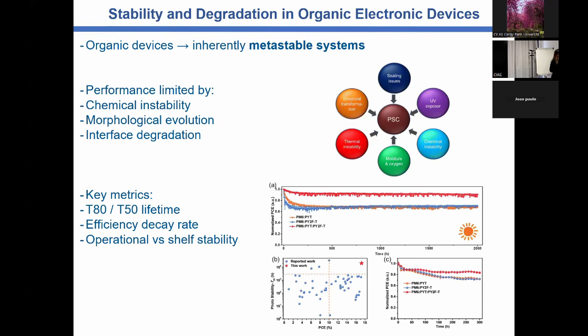So if we have, for instance, normalized PCE, the T80 in this orange curve here is here, the timing of this one. And T50 is longer, it's the time to reduce 50% of the efficiency.